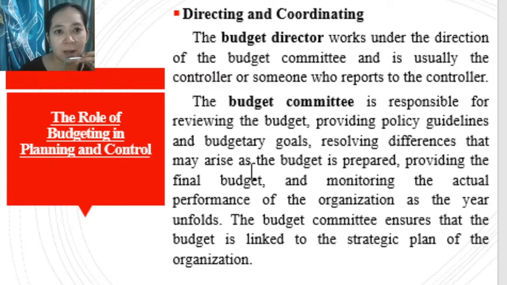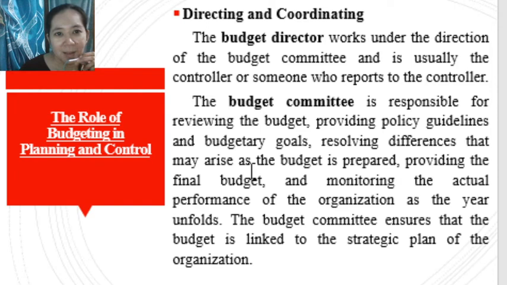So meaning to say the budget director could be the controller or the chief financial officer or someone who reports to the chief financial officer. Okay, because here normally the budget director will have the most responsibility, okay, among the officers or the personnel in an organization in terms of budgeting.